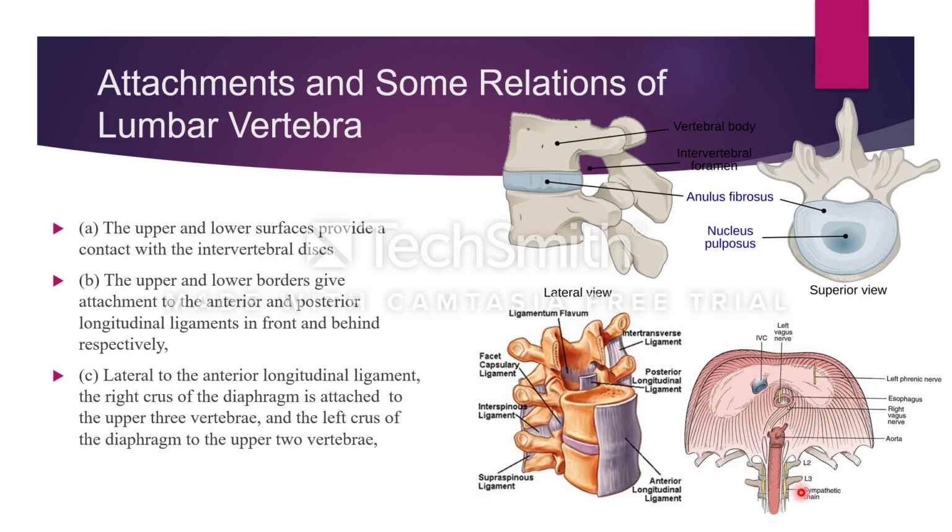This one is the right side and this is the left side. So the right crus is attached to vertebrae 1, 2 and 3, but the left one is attached to the upper two vertebra.